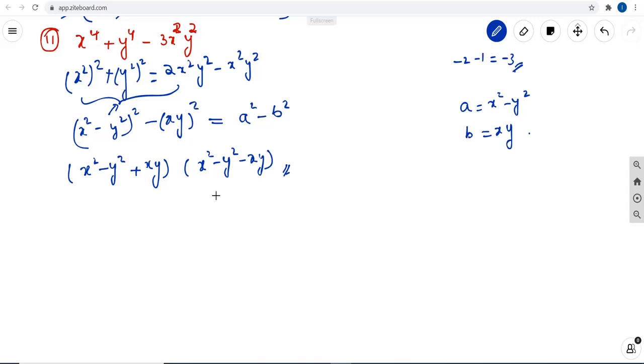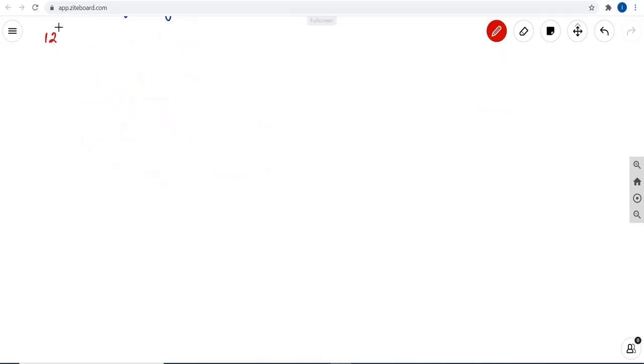Okay, so we'll go for problem number 12. 12 is solved in your textbook and he has given two alternative methods. So we'll do both here, and you can refer to the textbook also for both the methods. The problem is given as 5a square minus b square minus 4ab plus 7a minus 7b.